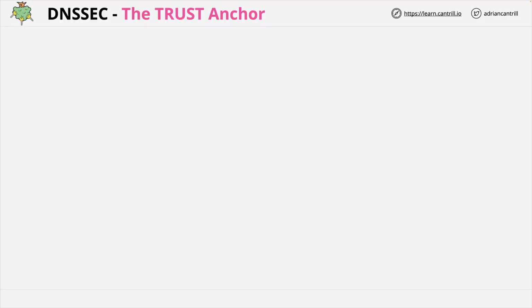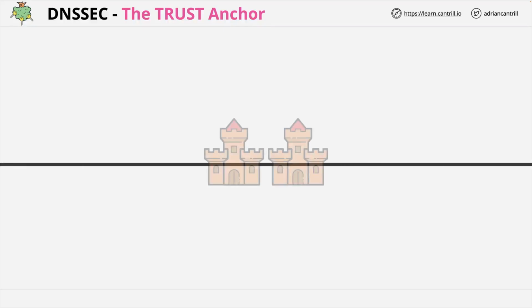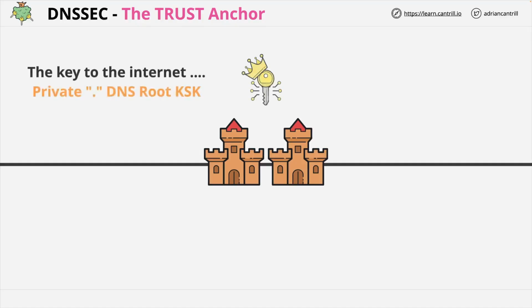Locked away within two secure locations, one in California and another in Virginia, is what amounts to the keys of the internet, the private DNS root key signing key known as a KSK. Now, it's impossible to overstate how important this set of keys is to the internet. They rarely change, and the trust in them is hard-coded into all DNSSEC clients.